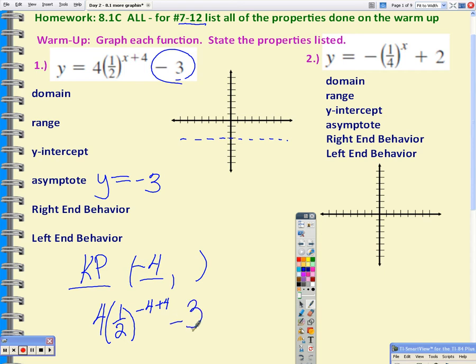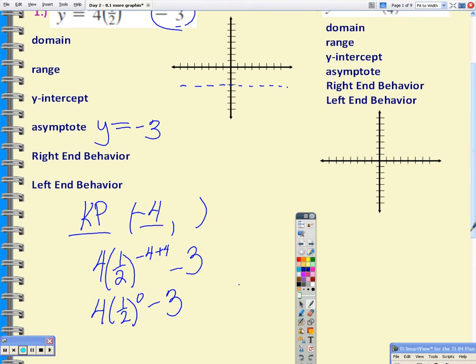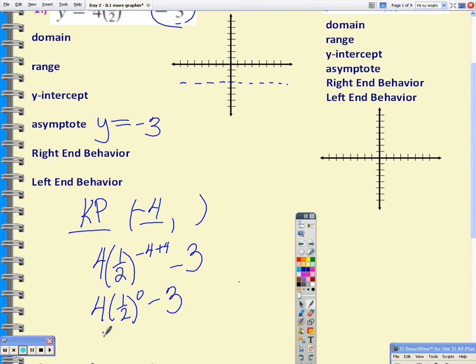So -4 minus 4 is 0. So now anything to the 0, 1/2 to the 0 is 1. 4 times 1 minus 3 equals 1.